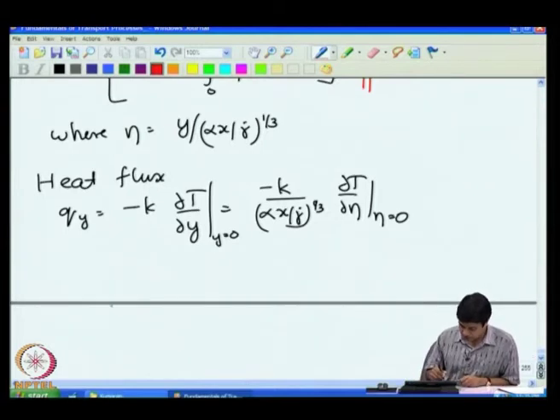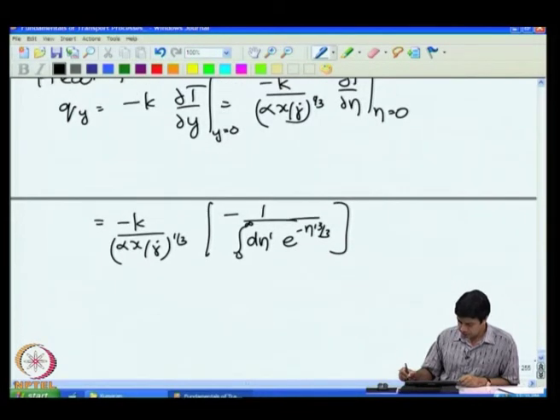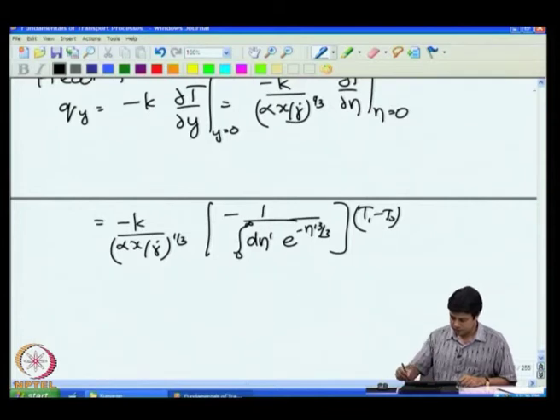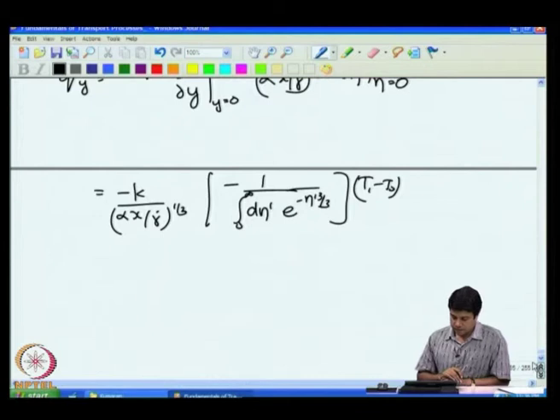So, this Qy will be equal to minus k by alpha x by gamma dot power 1/3 into minus 1 by integral 0 to infinity d eta prime e power minus eta prime cubed by 3, okay, into T1 minus T0, because T is equal to T minus T0 by T1 minus T0 times T star. Okay. So, this is the final expression we get for the heat flux.